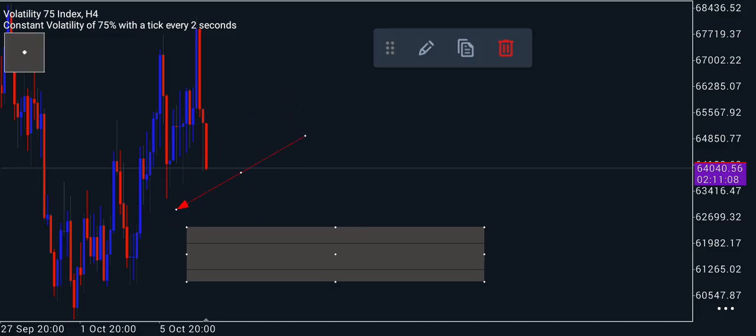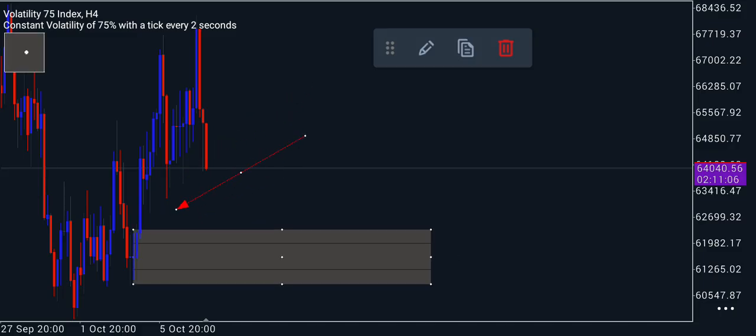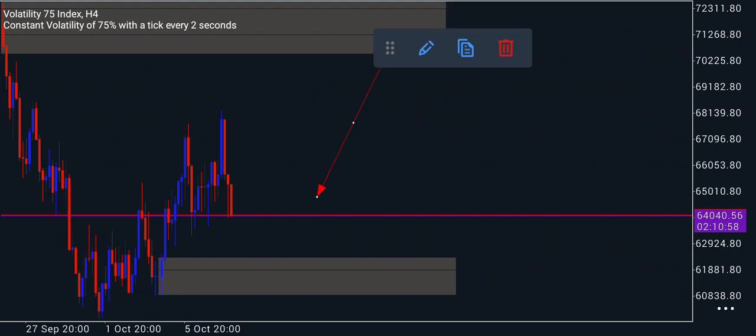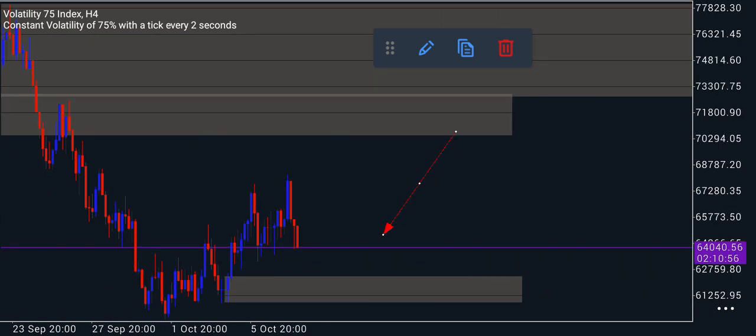Since the higher time frame is totally bearish, we are just looking at it from this aspect: if the market gets to this place, we believe there are still some buyers here that will be able to enter and push it.